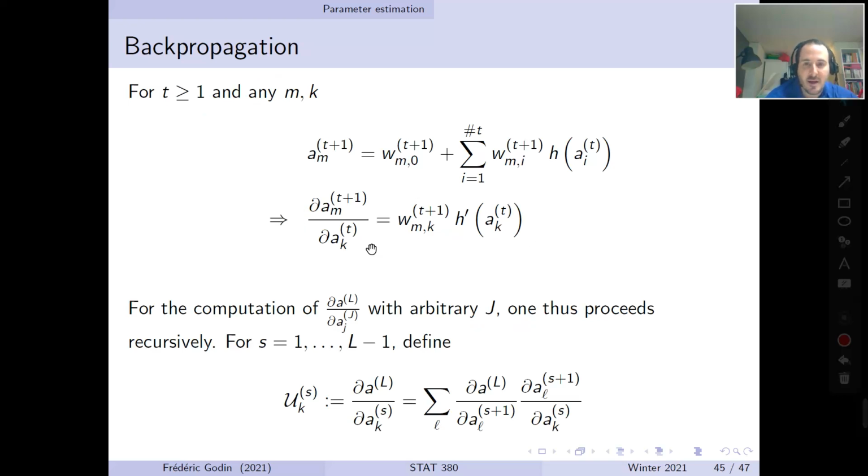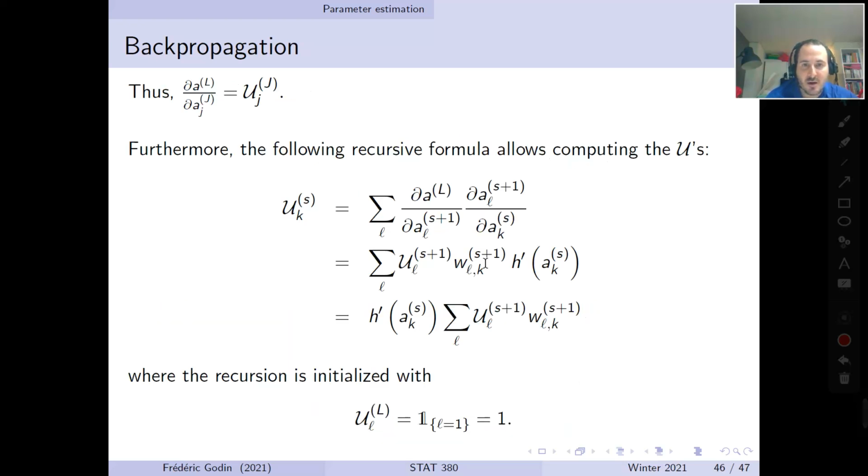So if we replace the s by the t's, we can use this expression here to show that this is w_lk^(s+1) h'(a_k^s). So again, take your time at home. Make sure you make the proper substitutions to make sure it works.